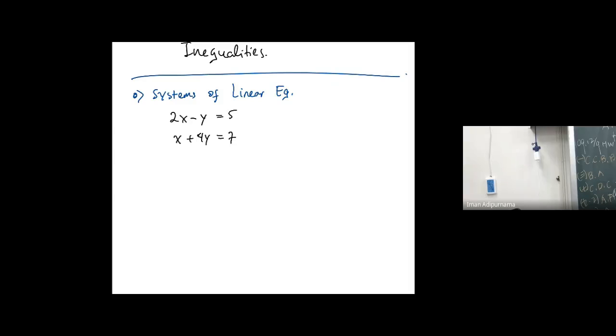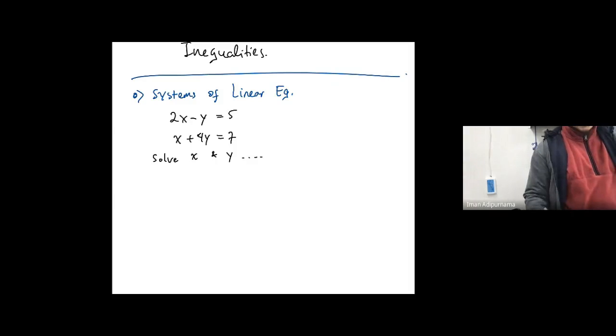Okay, I have these two equations, and you need to solve for x and y. How many minutes can you take to solve this? You can use substitution, right?